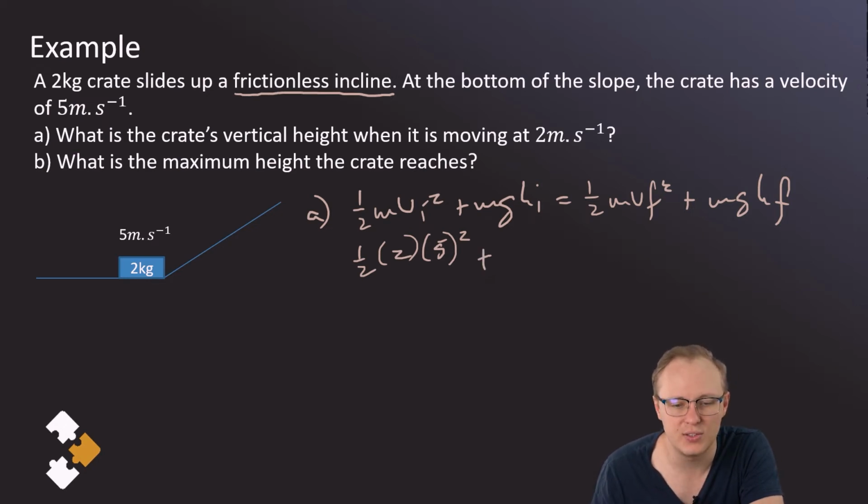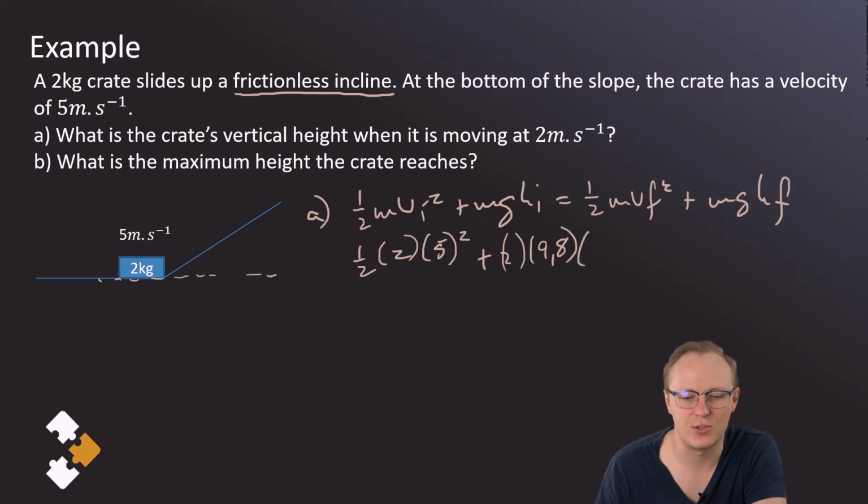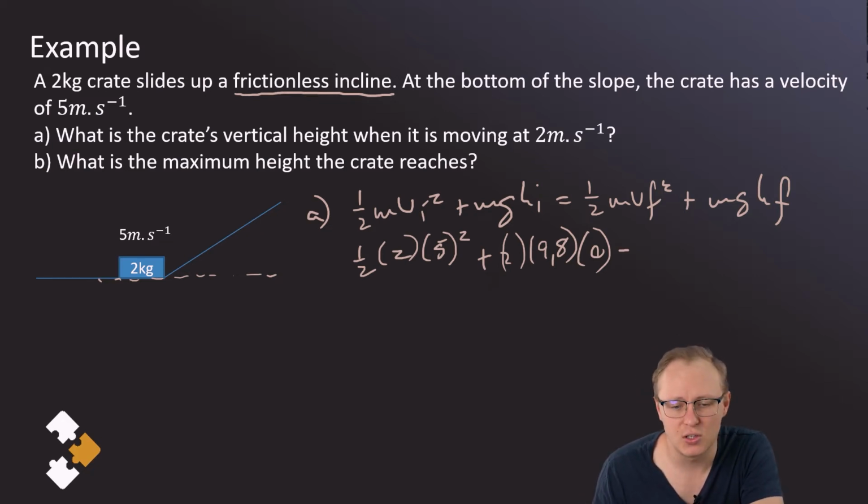Right, so then plus the 2, which is the mass again, times 9.8. But then the h_i, well, it looks like this is basically on the ground, right? So we're going to make that 0. So that term there, we're not really going to worry about because anything times 0 is just 0, hey? So that's then equal to half times the 2 times v_f squared.